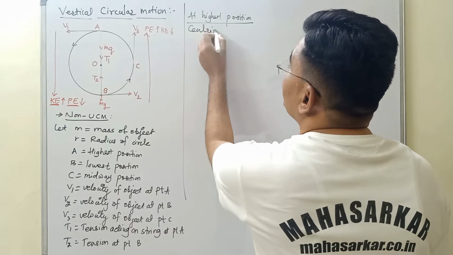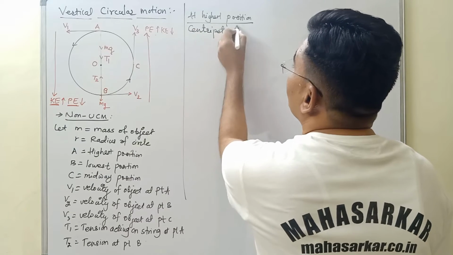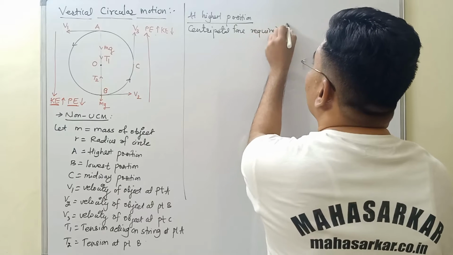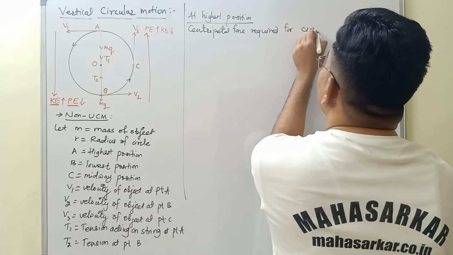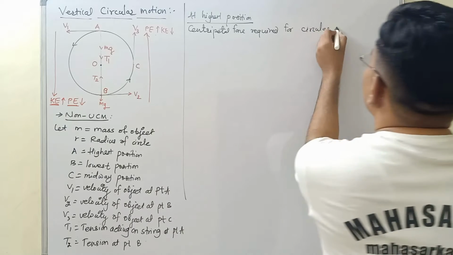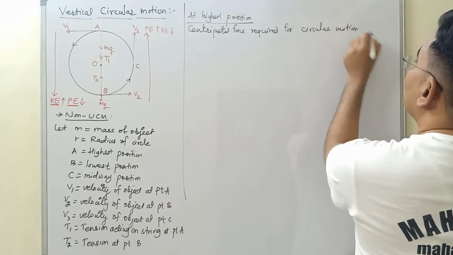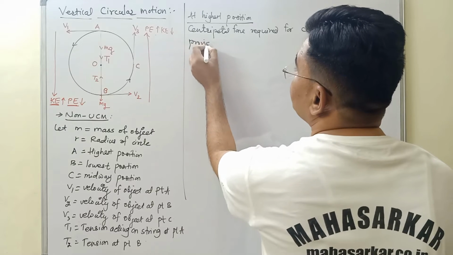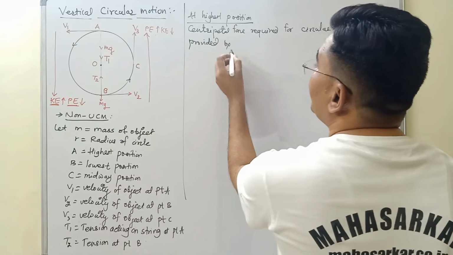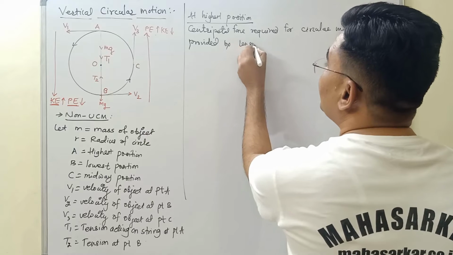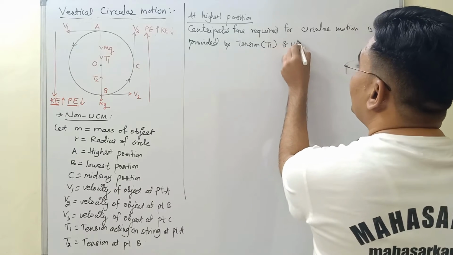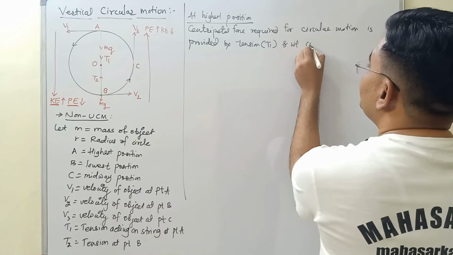Centripetal force required for circular motion is provided by tension T1 and weight mg.